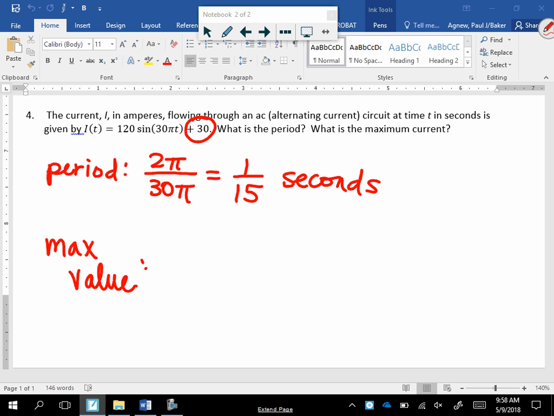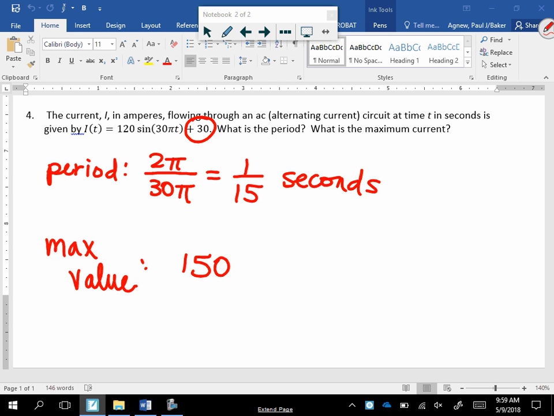Shift everything up 30 units. So the amplitude being 120, that would normally be your maximum value, except in this case, what have we done? Shifted 30 units up. So what does that mean the maximum value would be? 150. Okay? And the minimum would be 90.